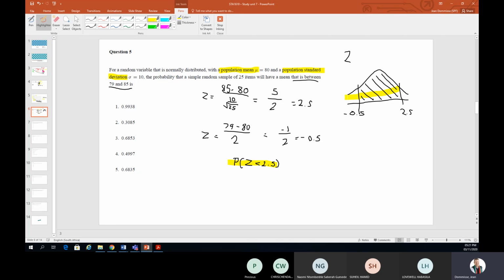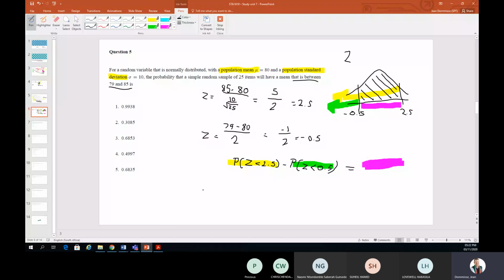Then I would say minus the probability of Z smaller than 0.5, and let's use another color for that. If I subtract those two, I will get the portion that is left. That will be the answer that I need.